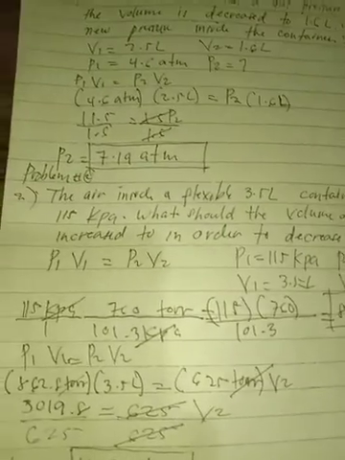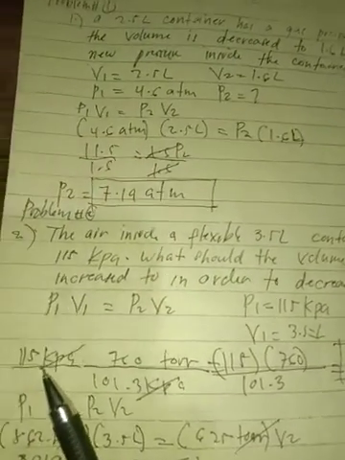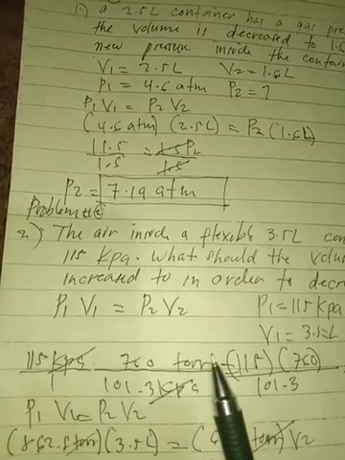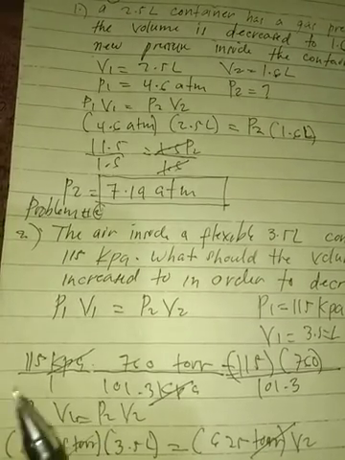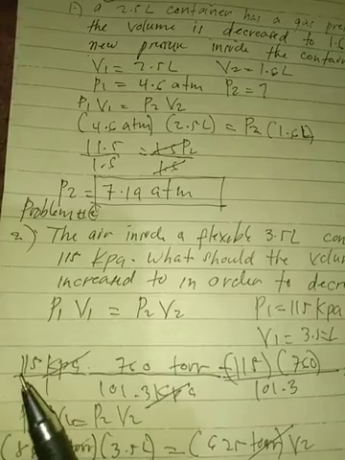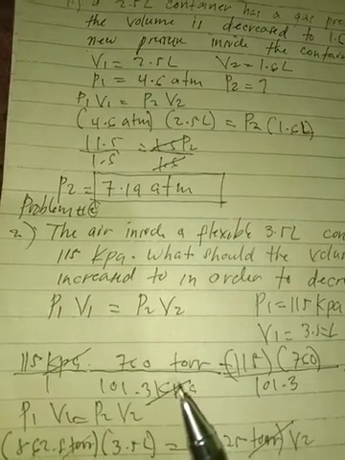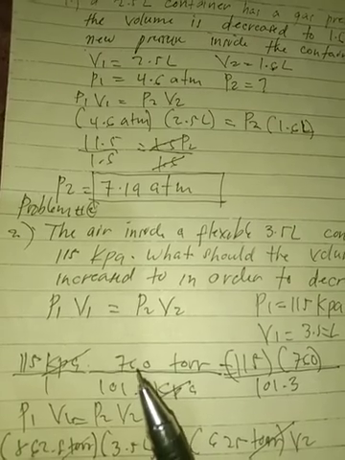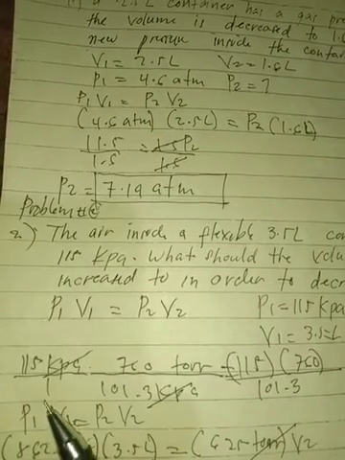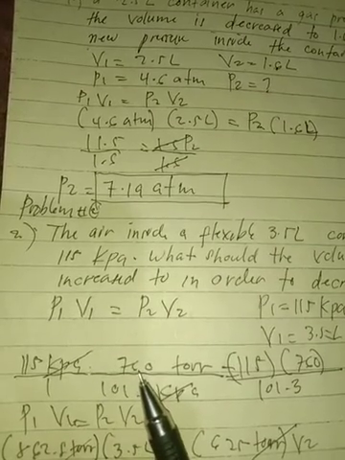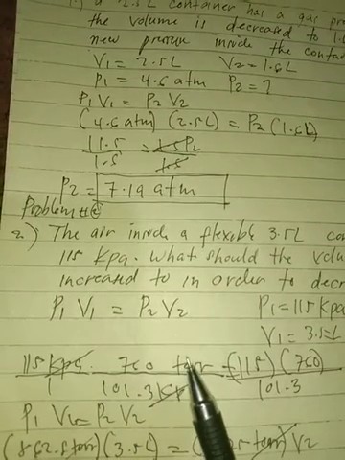But before that, we are going to convert kPa to torr. So 115 kPa is equal to, in the conversion, 101.3 kPa is equivalent to 760 torr.